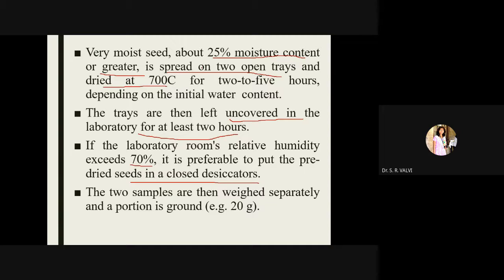Even if we do this pre-drying and keep the seeds as they are in laboratory room conditions, the humidity will be absorbed by the seeds, and then there will be no use of pre-drying. So two samples are then weighed separately and a portion is ground, for example 20 gram.